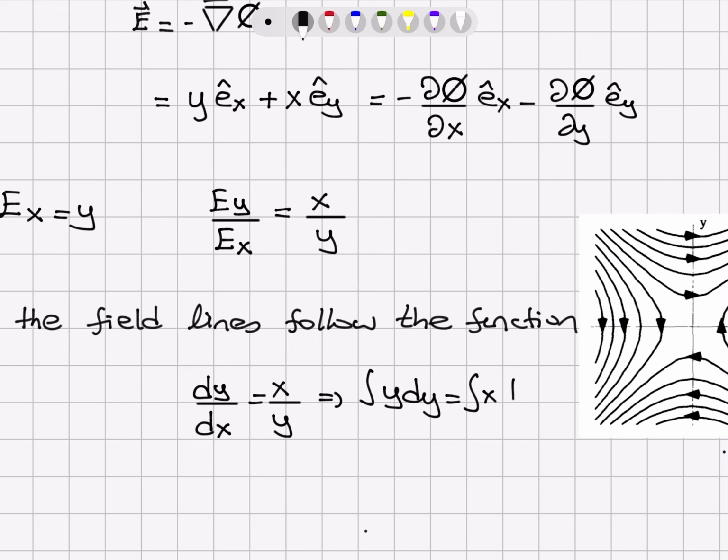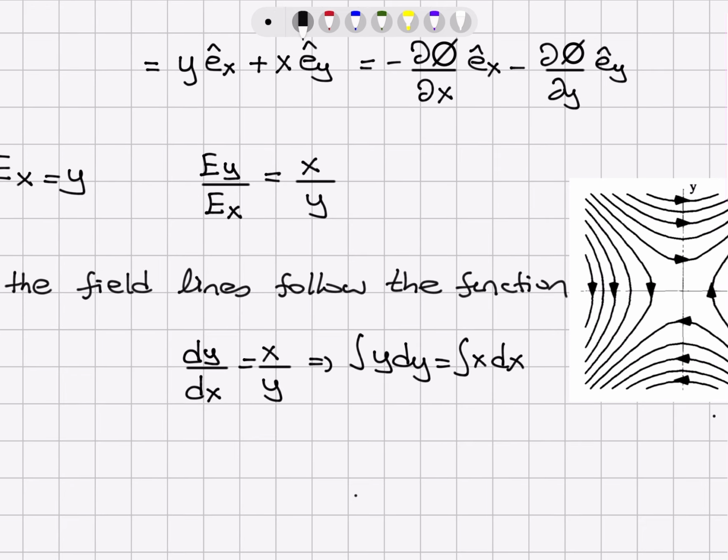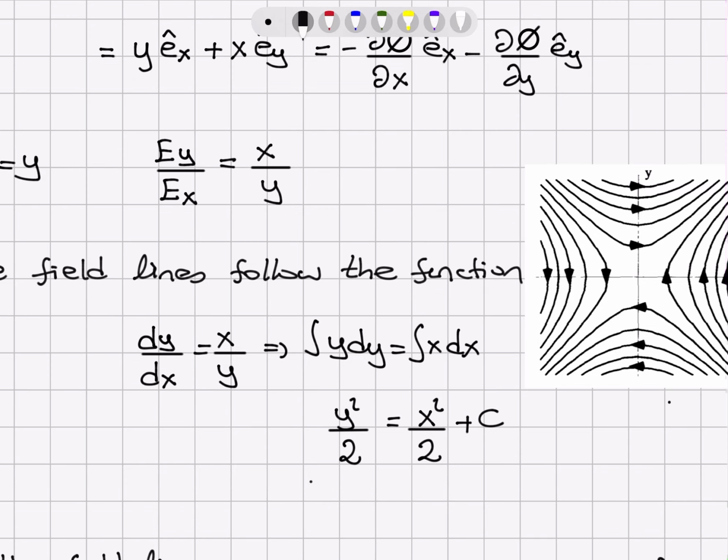of x dx. So we find y squared over 2 is equal to x squared over 2 plus a constant c, or we can write y squared is equal to x squared plus another constant c prime.